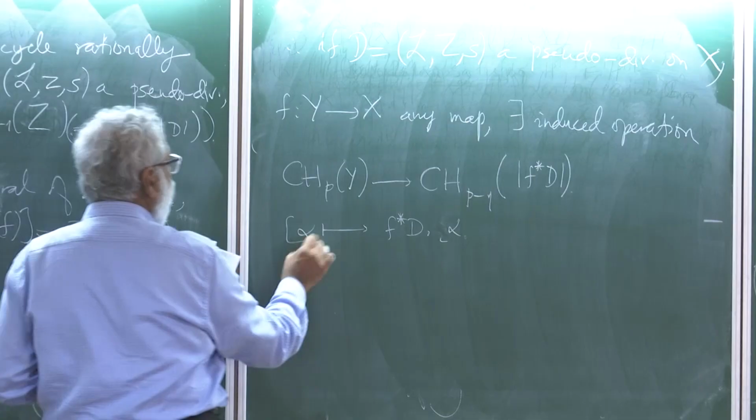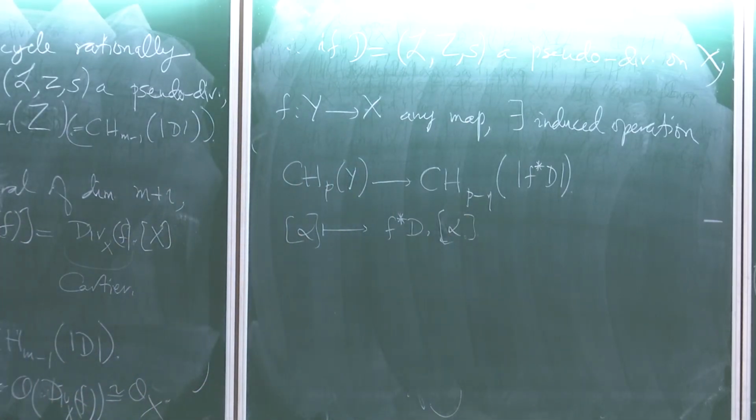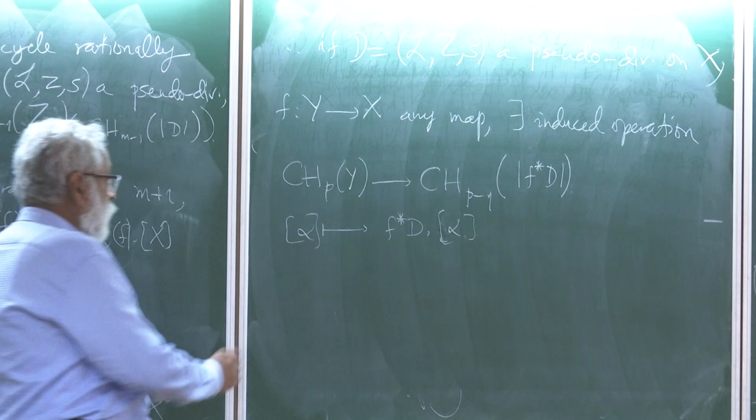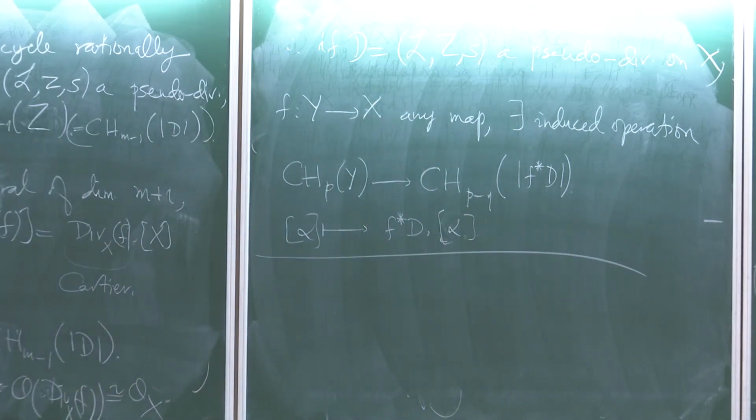Or I should say the class of alpha maybe goes to this. And now it's defined at the level of Chow groups on both sides. This is what I want. So really produce an operation on Chow groups in some fashion.